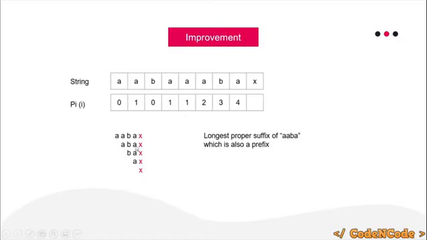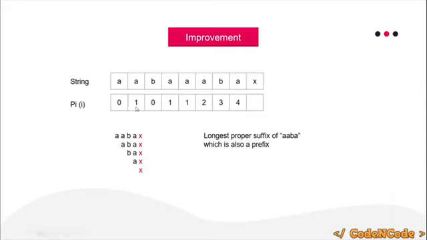That I want, because if pi of I is 4, that means ABAX matches with the prefix. If ABAX matches with the prefix, that means ABA already matches with the prefix, right? So that is why I want the maximum proper suffix of ABA, which is also a prefix.